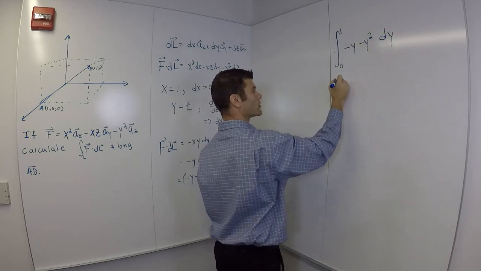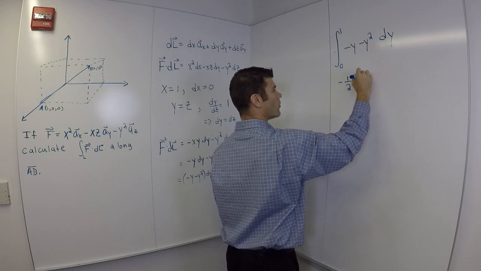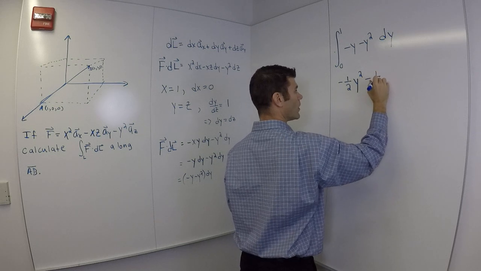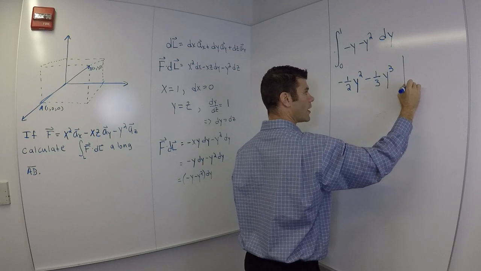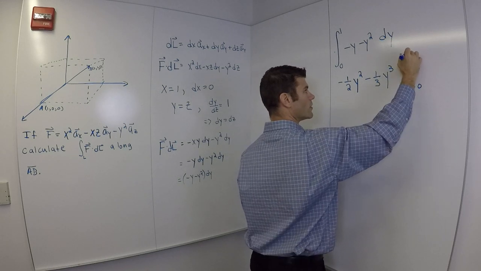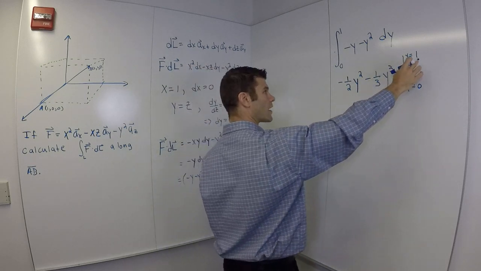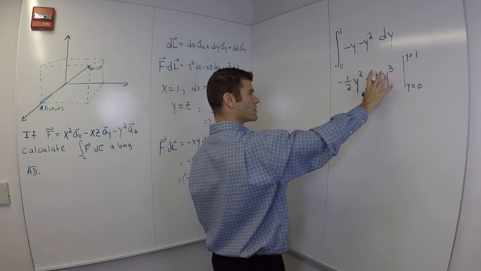So the integral of a first order term is going to be 1/2 y squared. The integral of a second order term is going to be 1/3 y cubed. Our integral bounds are going to be y equals 0, and we're going to go to y equals 1. So it's fairly obvious that when we evaluate at y equals 0, these terms are going to be equal to 0.